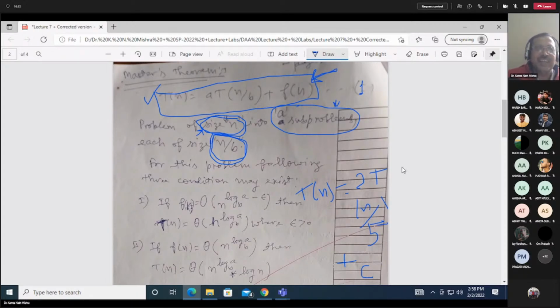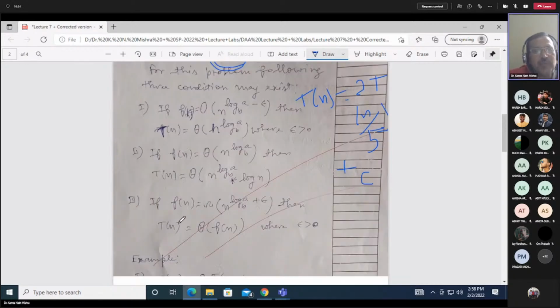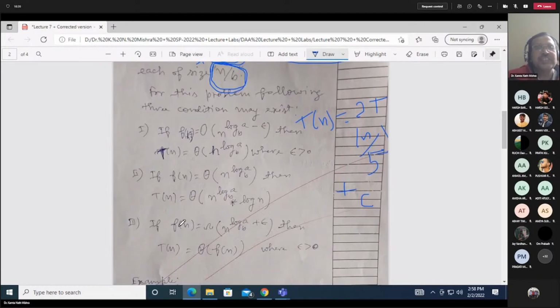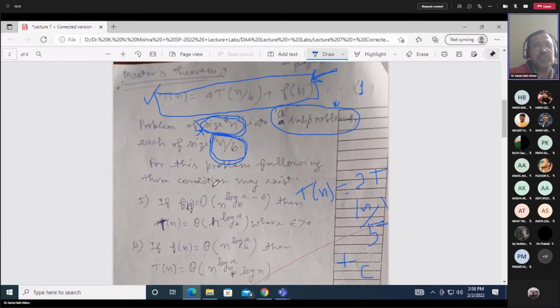Yes, sir. It means if you know these three solutions, for any recurrence these three conditions will exist.